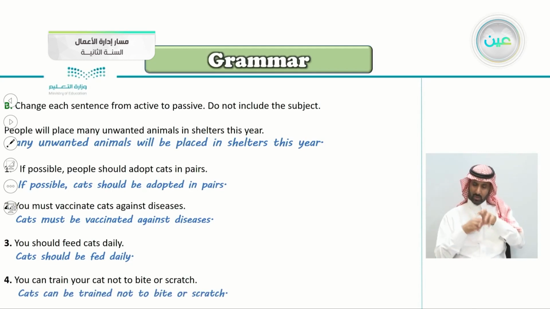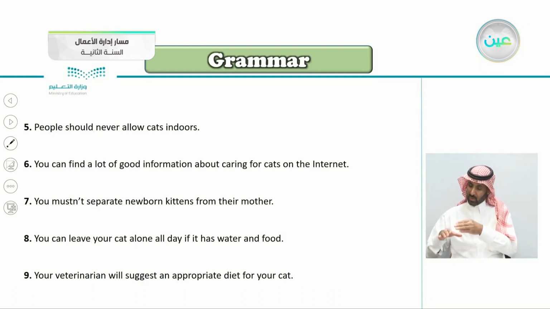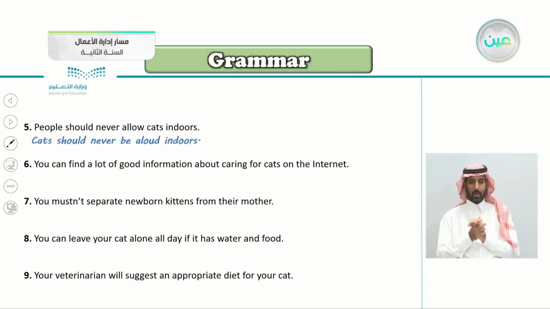Notice when you want to give a negative sentence here, we said not to bite. Again, cats can be trained not to bite or scratch. Number 5, people should never allow cats indoors. So, yes, very good. Cats should never be allowed indoors.